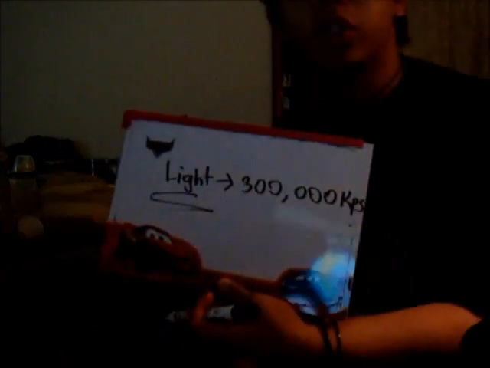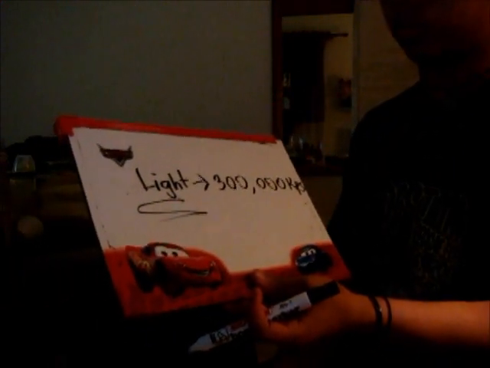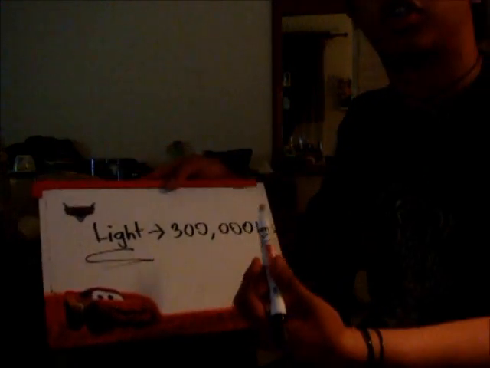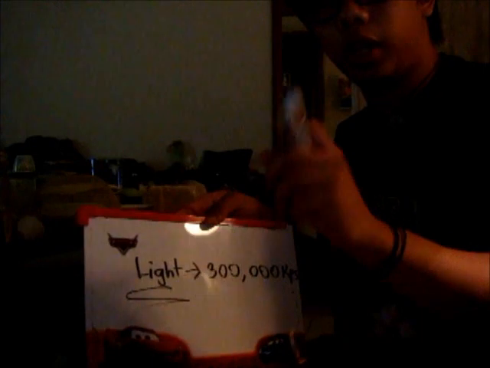The speed of light is 300,000 kilometers per second. At this speed, it can travel around the world 8 times in 1 second. So imagine how fast the light is. It can travel around the world 8 times in 1 second.